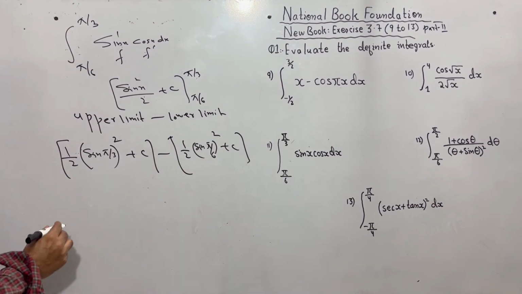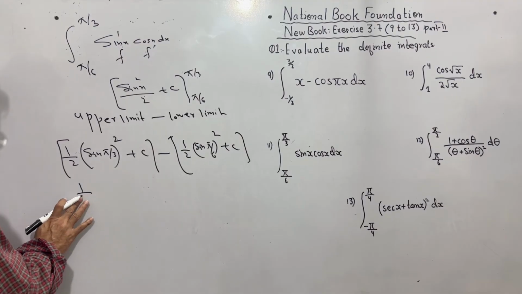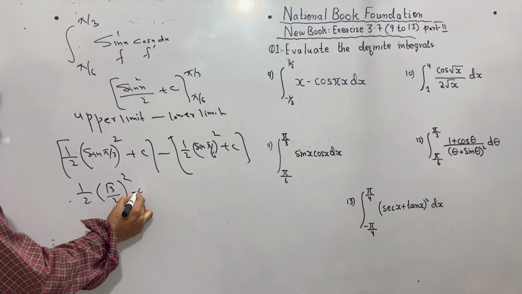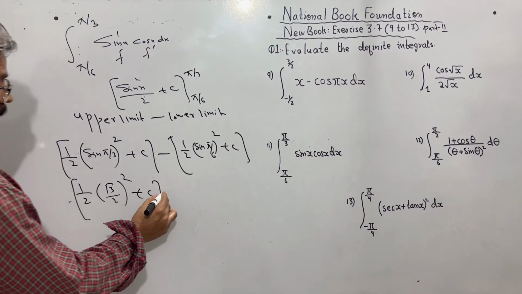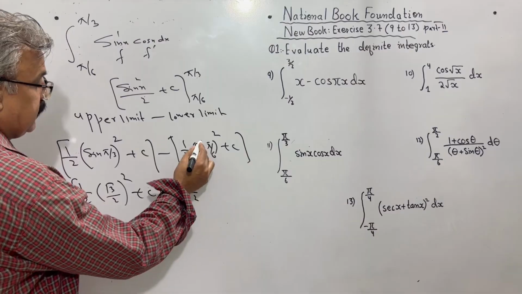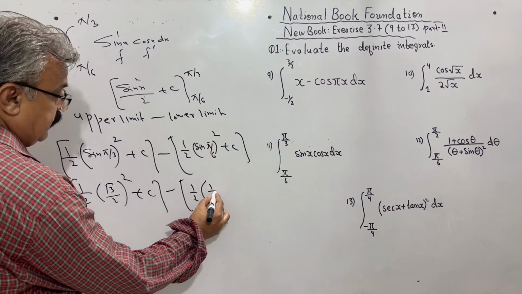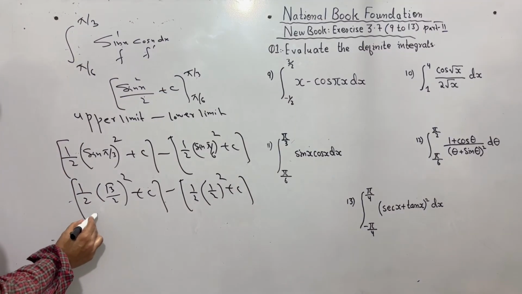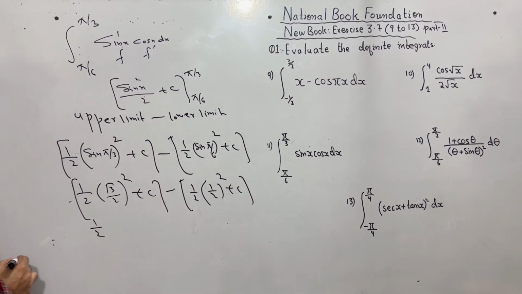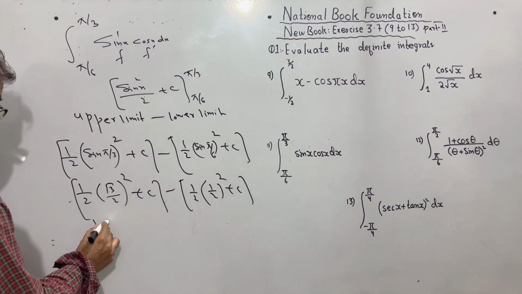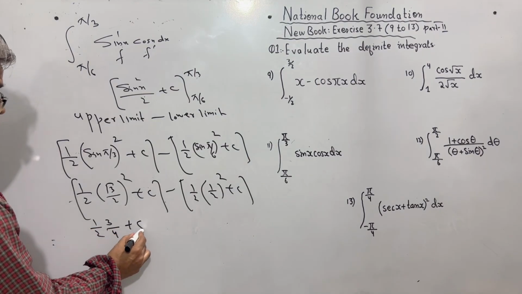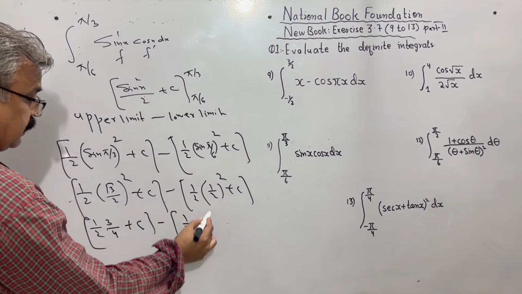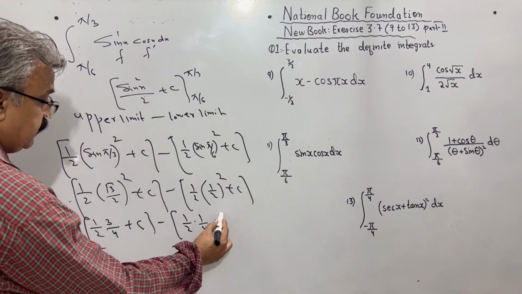If I'm not wrong, sine pi over 3, sine 60, is given by root 3 divided by 2, squared, plus c, negative 1 over 2 sine pi over 6, sine 30 is 1 over 2, squared to be intact, plus c. It becomes 1 over 2 times, the square of root 3 is only 3, the square of 2 is 4, plus c, minus 1 over 2 times the square of 1 over 2, which is 1 over 4, plus c.